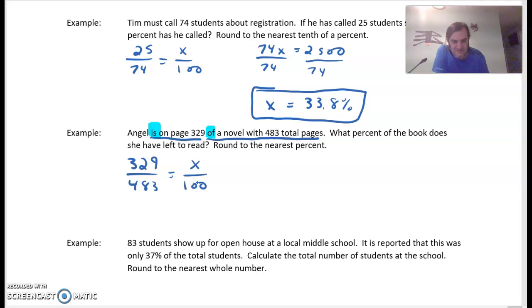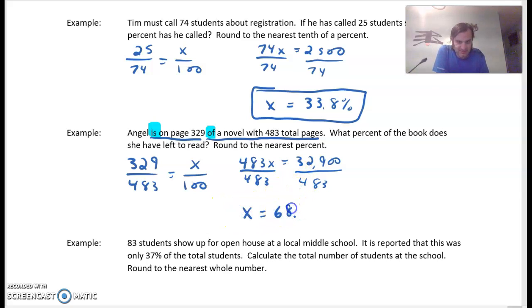We'll cross multiply. So I got 483x equals 32,900 divided by the 483. Let's see, 32,900 divided by 483. I get that x equals 68.1%. But let's go back to the question. What percent of the book does she have left to read? So she read 329 of the 483, so this is what she has read.